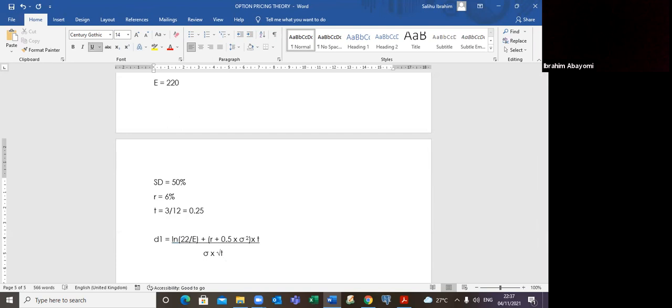S0 is 200. Exercise price is 220. Risk-free rate is 0.06. Standard deviation is 0.5, squared, because we are given the standard deviation. Don't forget that this 0.5 is part of the formula before. So what I'm going to remove is the standard deviation.